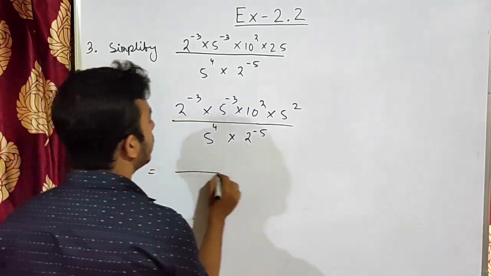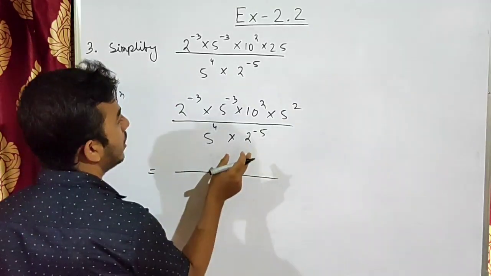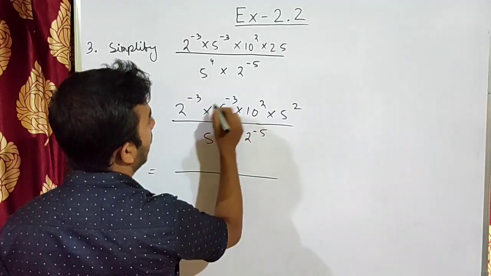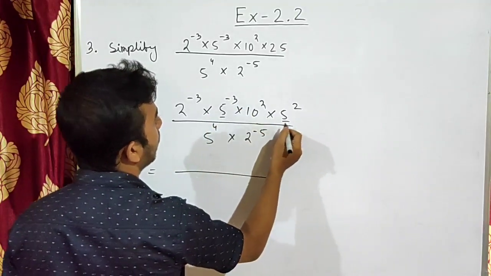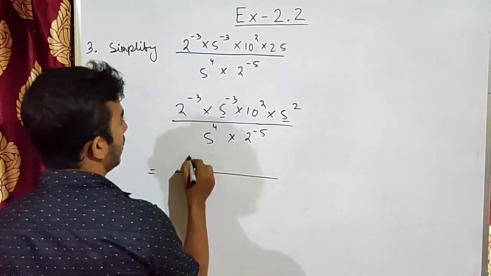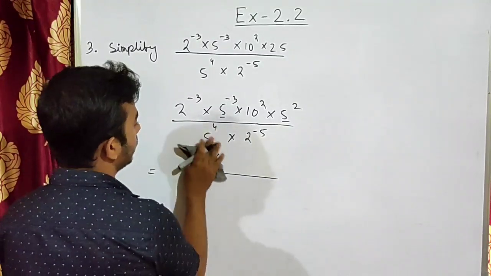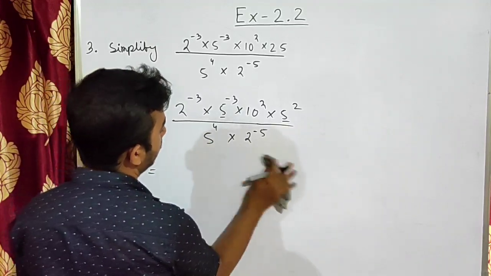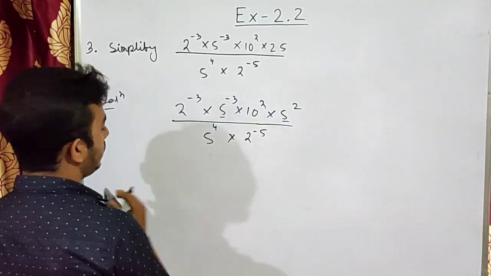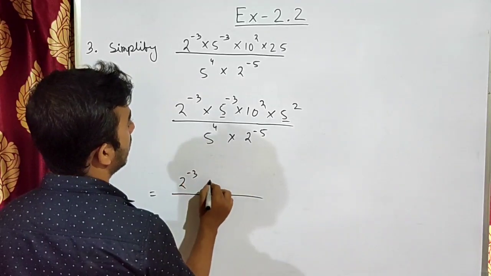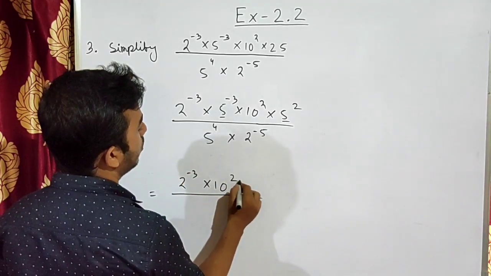Clear? I will solve one step by one step. First I will solve this 5^-3 into 5^2. So it will be 2^-3 into 10^2.